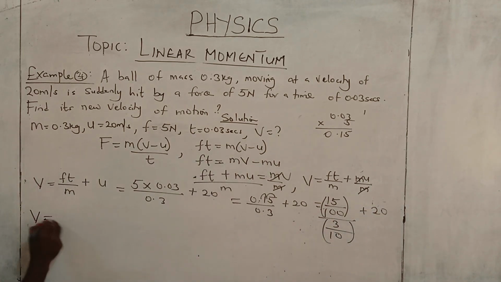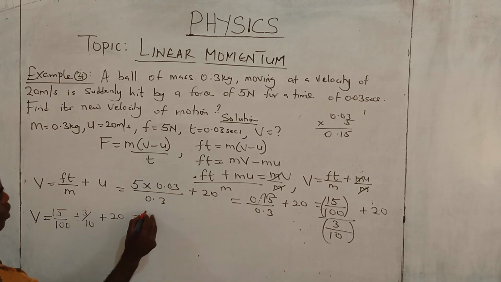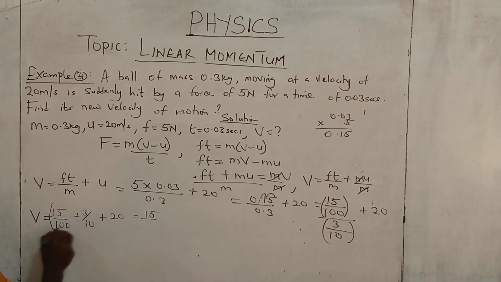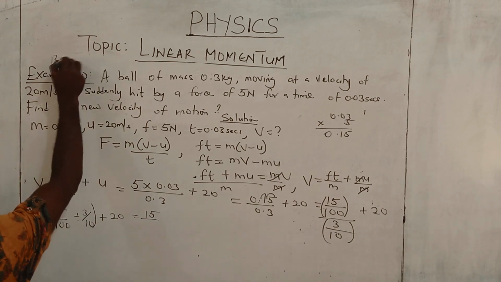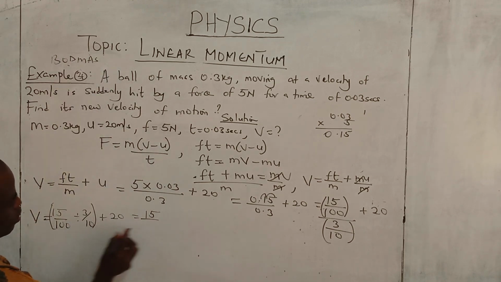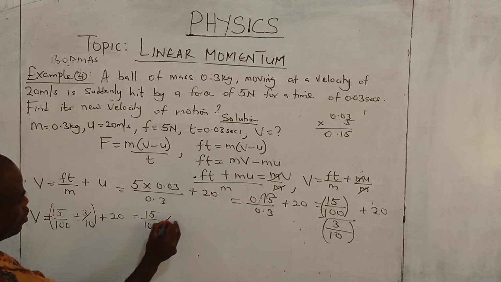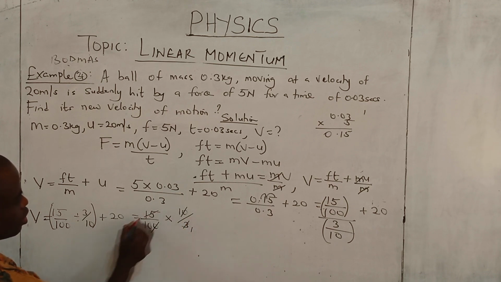Now, v equals 15 over 100 divided by 3 over 10 plus 20. Because there is addition and division, you have to do division before addition. 15 over 100 times 10 over 3. 3 in 3, 1. 3 in 15, 5. 5 in 10, 2. 5 in 100, 20.